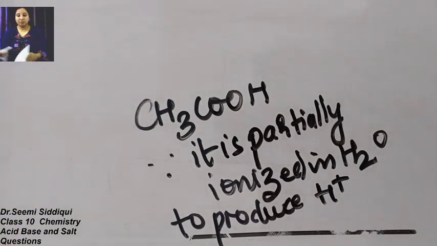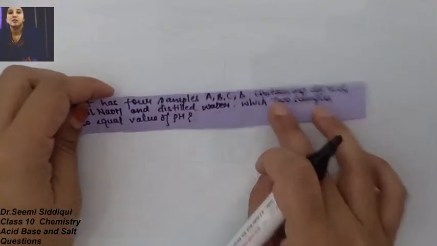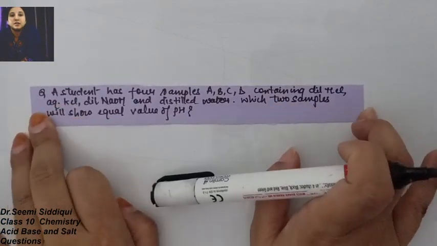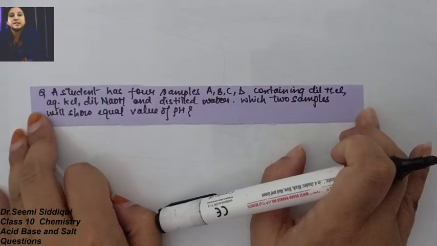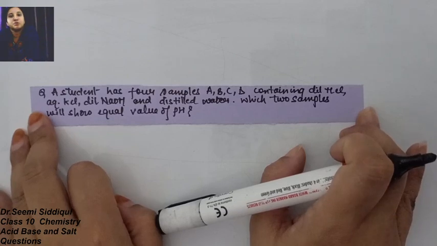Coming to the next question. A student has 4 samples A, B, C, D containing dilute HCl, aqueous KCl, dilute NaOH and distilled water. Which two samples will show equal value of pH?